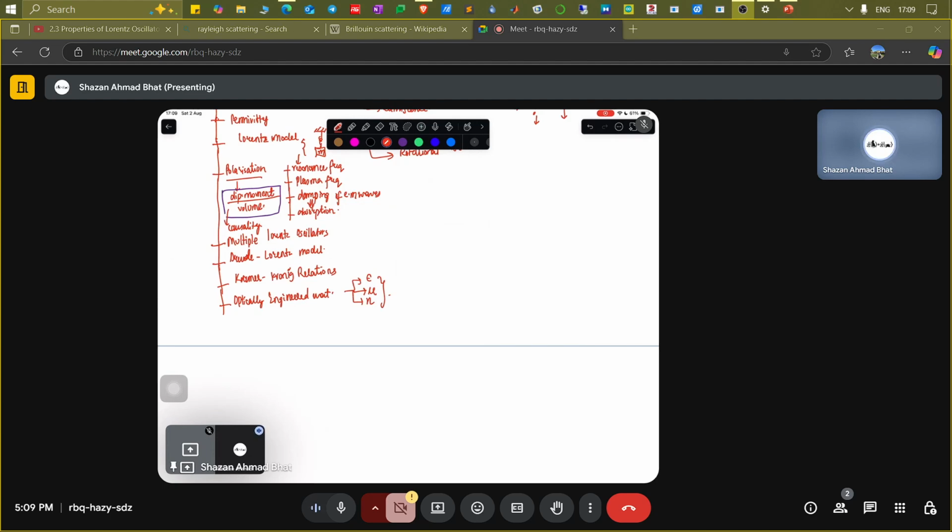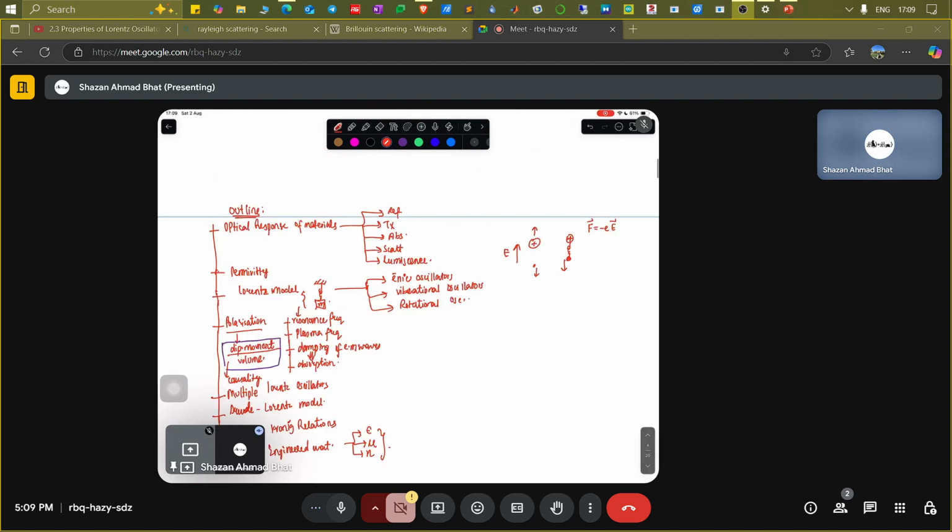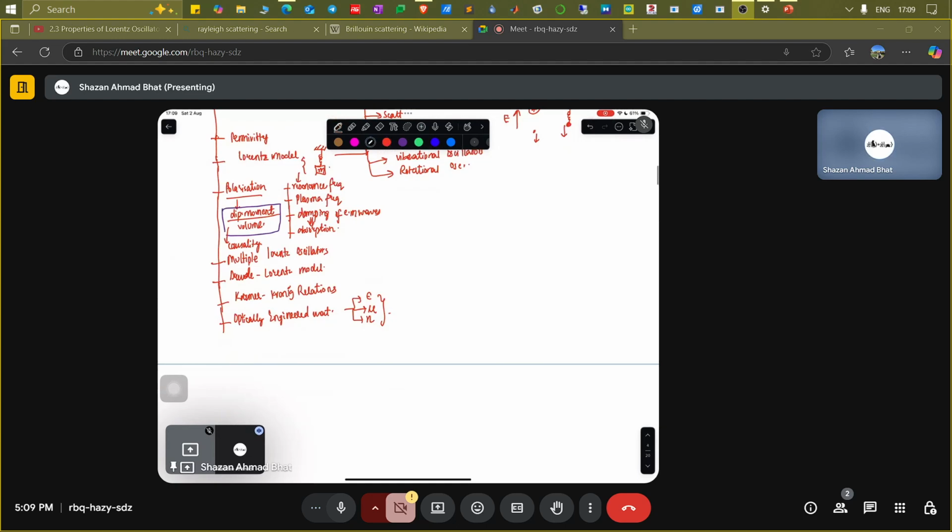So now what we are going to do is start with the optical response of the materials.